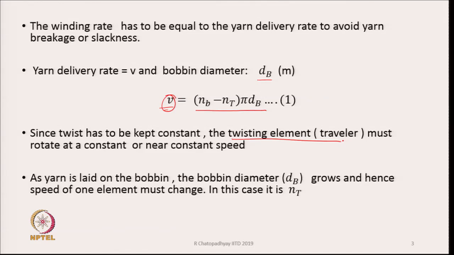We have already seen earlier that the speed difference that the traveler makes with respect to the spindle or bobbin is so low that the twist inserted into the yarn hardly changes.